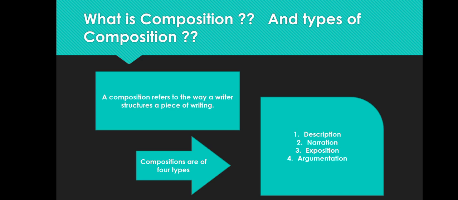The difference between writing and composition is that composition contains a lot of vocabulary, a lot of advanced and good words, which enhance the beauty of the composition. But writing refers to simple writing, where you are writing something in a very simple method. This is the main difference between composition and simple writing.